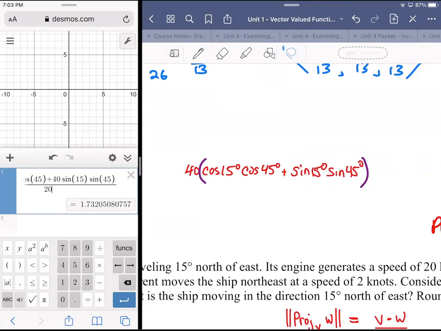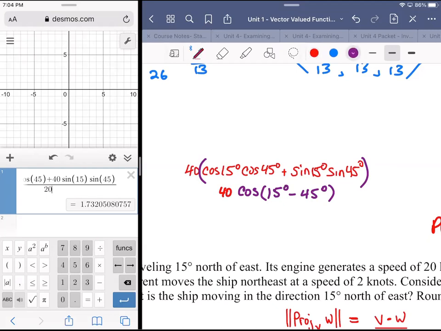So cosine plus sine. We would be saying cosine of 15 degrees minus 45 degrees. The expanded form would be cosine of 15, cosine of 45, plus sine of 15, sine of 45. The signs are always opposite there. We'd have that coefficient of 40 in front.